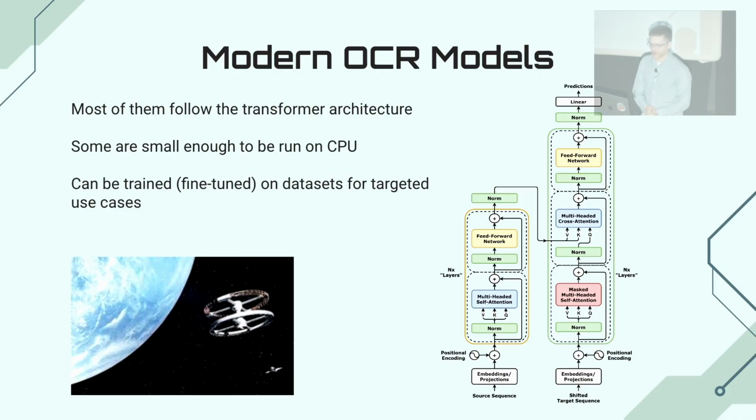Some of these models are small enough that you can run them on CPU on your laptop that doesn't have a GPU on it. And you can train them for specific targeted use cases. If you have a specific data set that you want to train on, like receipts, you can do that. So that is the entry level at this point for OCR models.